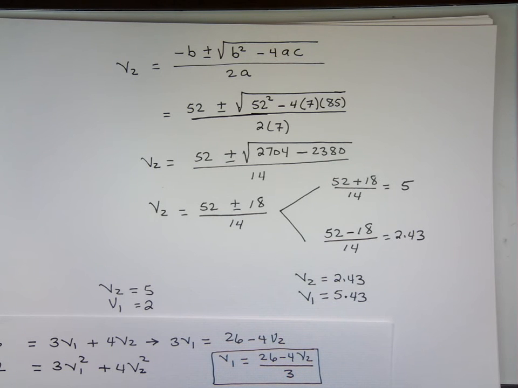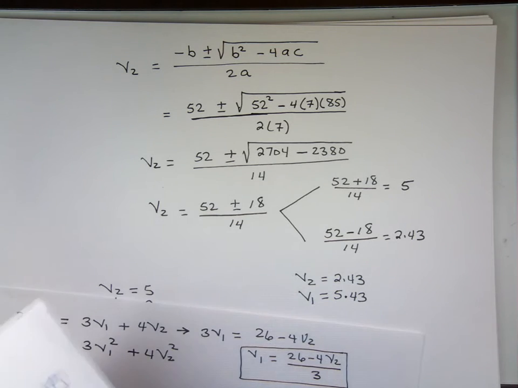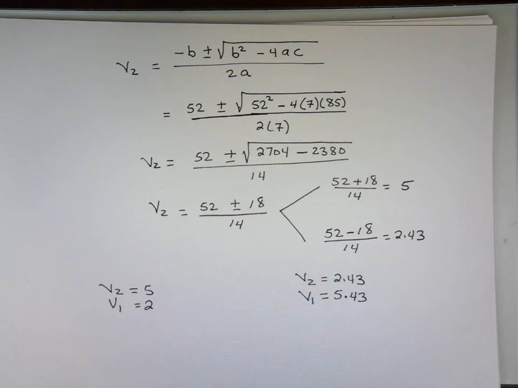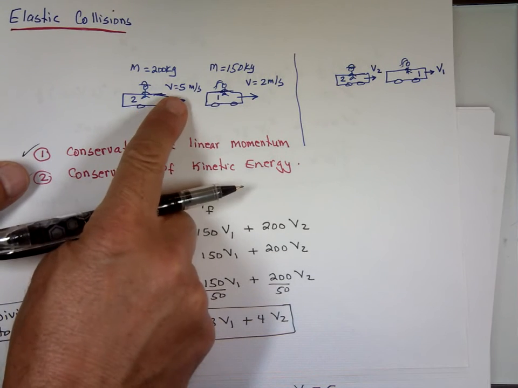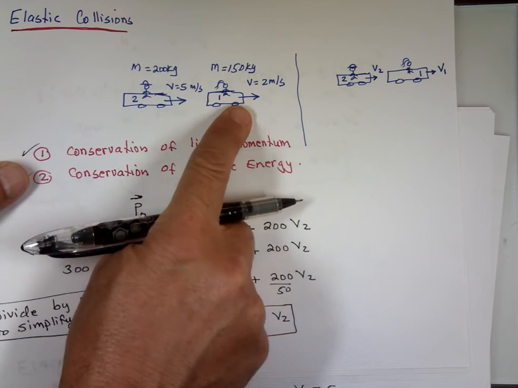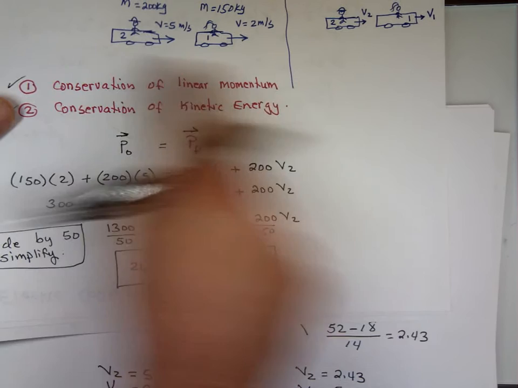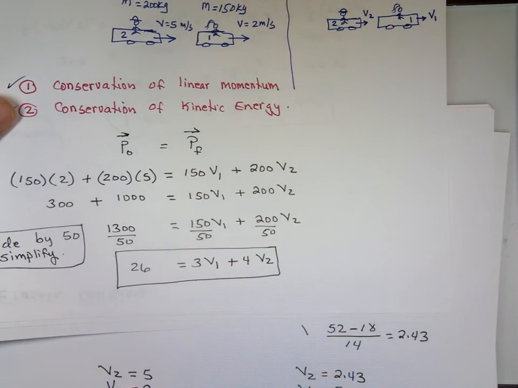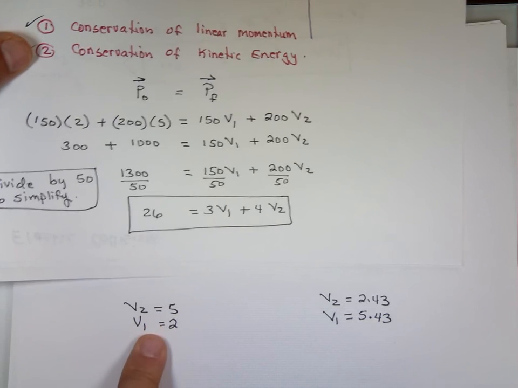Let's go back to the picture. You are in your go-kart. You're number 2 here. You're going 5 meters per second. This one's going 2 meters per second. You hit each other, and based on this answer, you continue to go on the same speed.